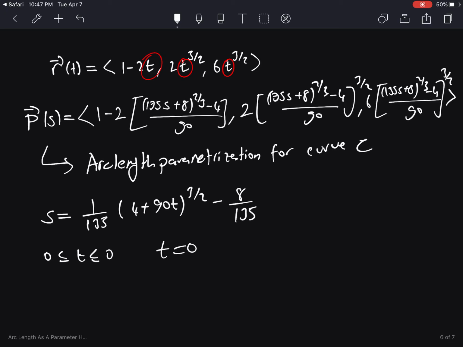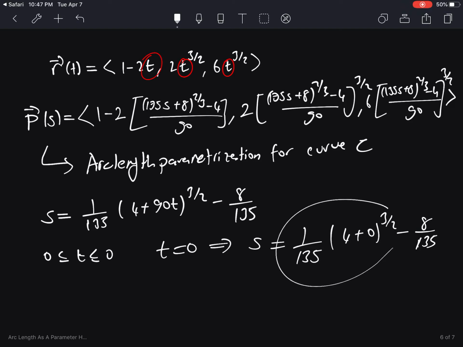Then when t is equal to 0, s is equal to 1 divided by 135 times (4 plus 90 times 0 to the 3 over 2) minus 8 over 135. If you take the third power of 4 and then take the square root, you will get 8. So this is just 8 over 135, and if you subtract 8 over 135, you will get 0. So when t is equal to 0, s is equal to 0.